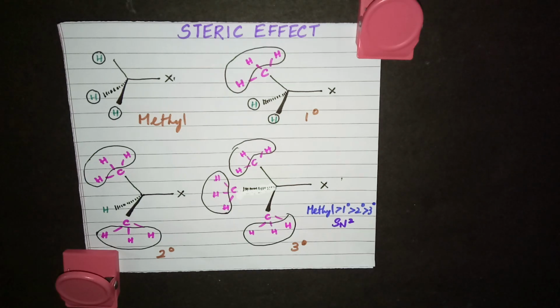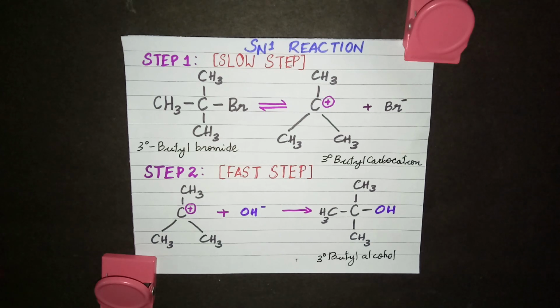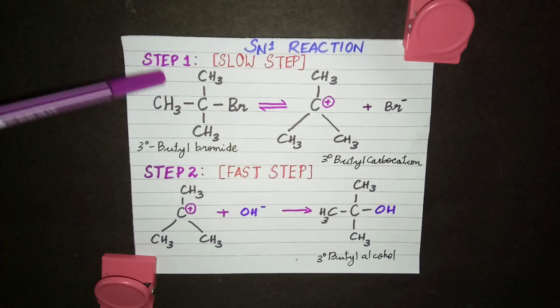Now we will move on to the SN1 reaction. SN1 stands for substitution nucleophilic unimolecular, which means the rate of the reaction depends upon the concentration of one reactant. And you know, for this reaction to happen we need two reactants: one is the haloalkane, the other is the nucleophile. This reaction is going to take place in two steps.